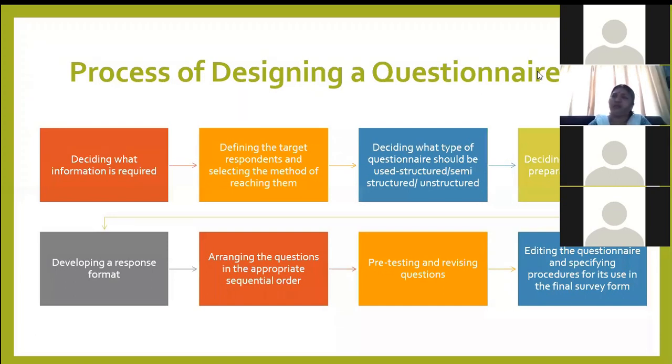So we can make corrections, delete some questions, and add some new questions. So we have to decide the content and prepare the first draft.